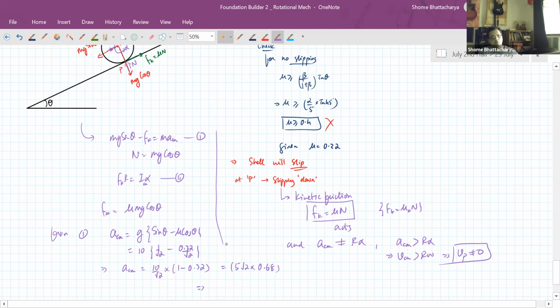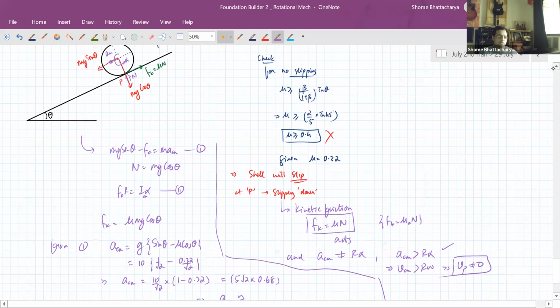The linear acceleration of the center of mass we'll calculate. And from the second equation, the torque equation, we will get the value of alpha. We can verify later that ACM will be greater than R alpha, which means it will be slipping as it goes down.